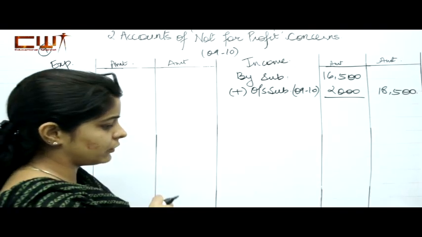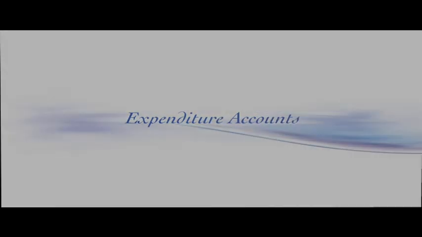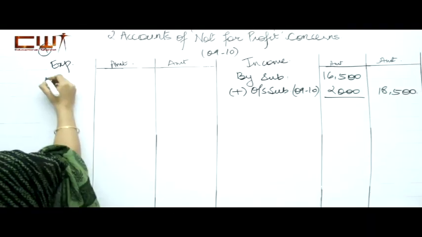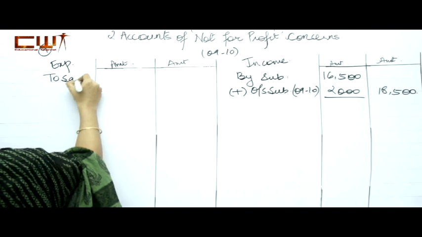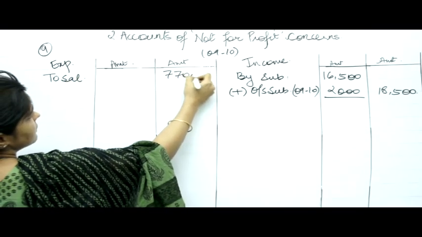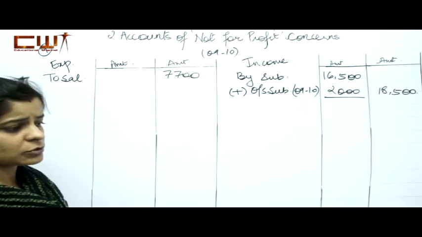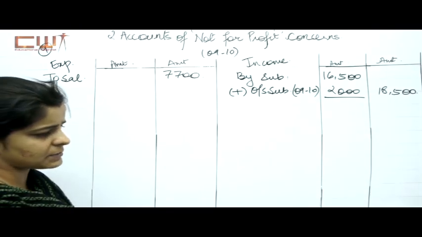Next you come on to the expenditure side. Salary 7,700. There is no adjustment, so you will directly write it in the main column, 7,700. Next is traveling expenses. They have also given the outstanding traveling expenses.